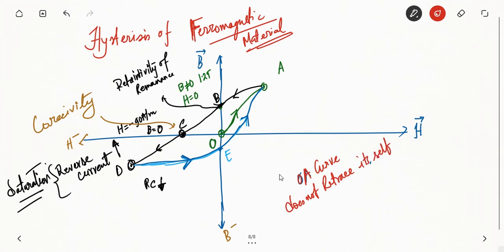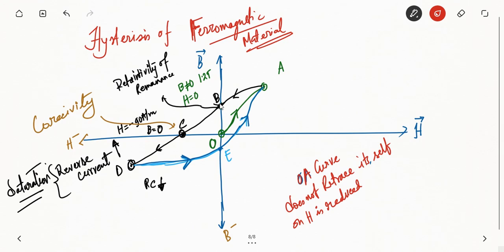When H is reduced, here we see H at point A. Now if H is reduced and it followed the same path, then B would be 0, but when H is reduced, B is not equal to 0; there is some value of B here.